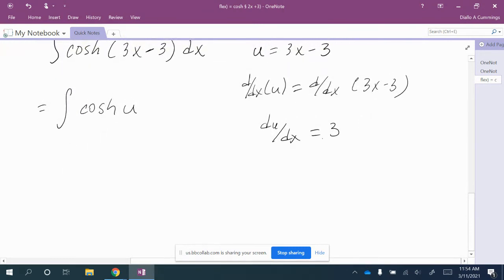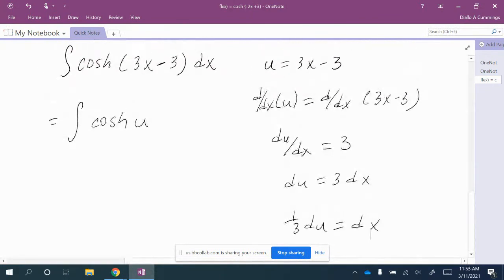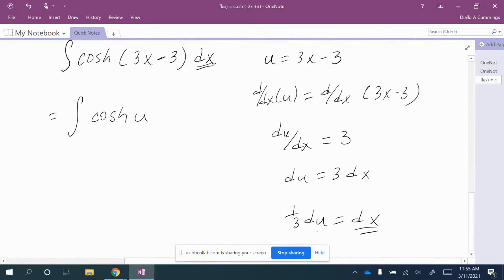And now I'm simply going to solve this for dx. I'm going to multiply both sides by dx, divide both sides by 3. So I have 1/3 du is equal to dx. Therefore, I can substitute 1/3 du for dx.